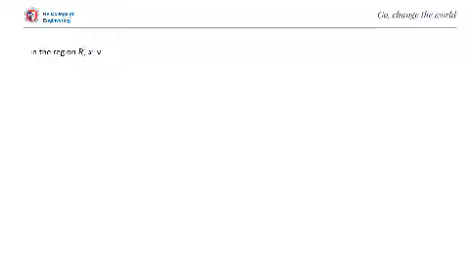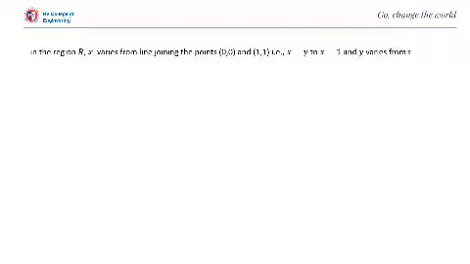In the region R, x varies from the line joining the points 0, 0 and 1, 1, which is the line y equal to x or x equal to y, to the line x equal to 1, and y varies from the least value of y, which is 0, to the maximum value of y, which is 1.